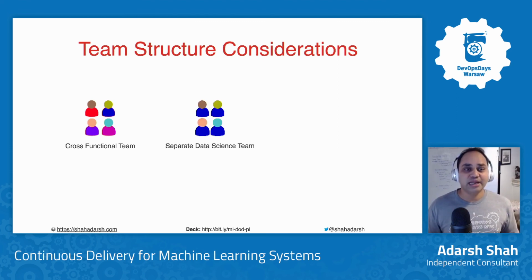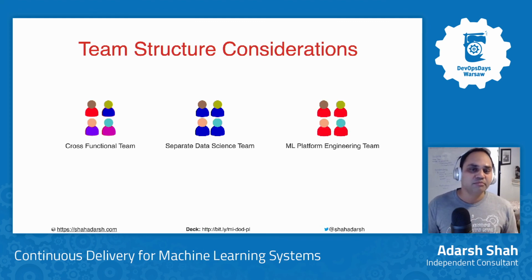If you can't do that, have a separate data science team. That's even possible, but there you have to make sure that they collaborate with the various teams that are there, right? And then having a platform engineering team, that's another one. This is more specific to machine learning, but basically a platform engineering team that builds a platform.